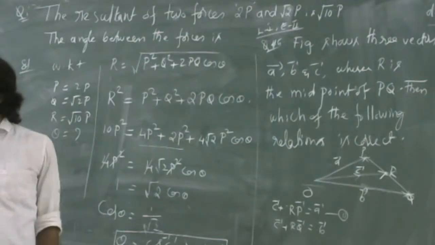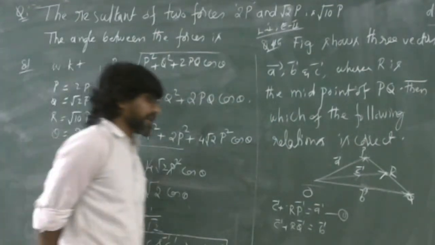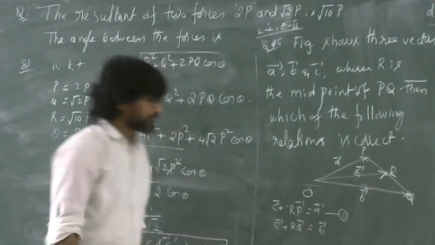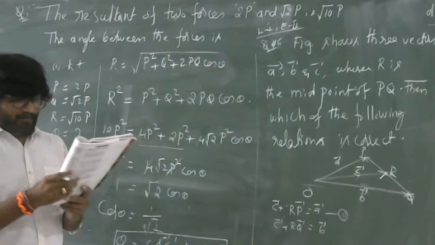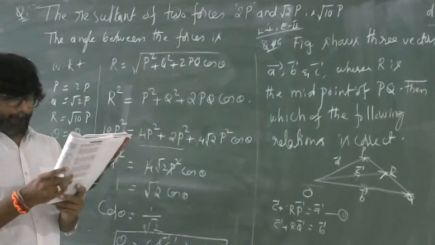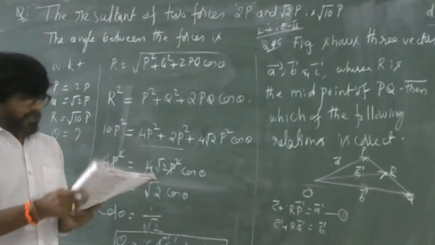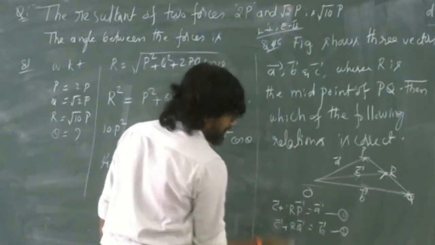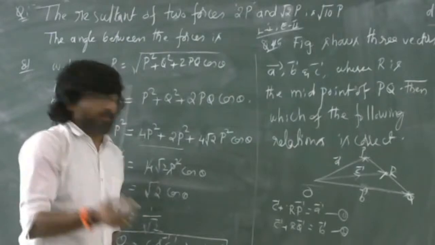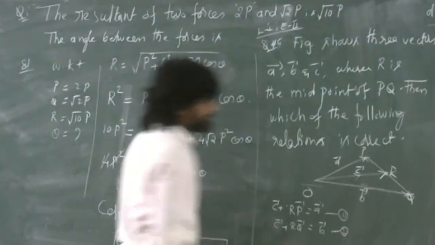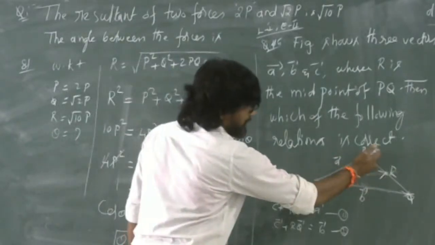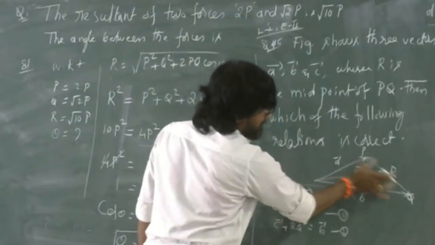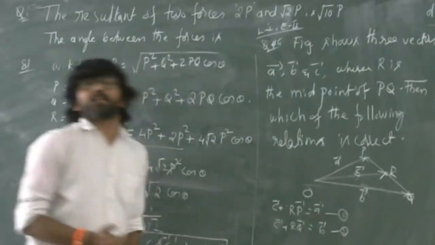From the diagram, you can make it like this. If you take the sum of these two, what do you get? This is 1, this is 2. A vector plus B vector is equal to these two. But one more thing you can understand here is that RP vector and RQ vector, because R is the midpoint of this line, have the same magnitude but are in opposite directions.